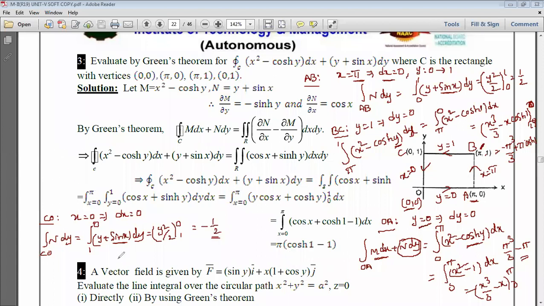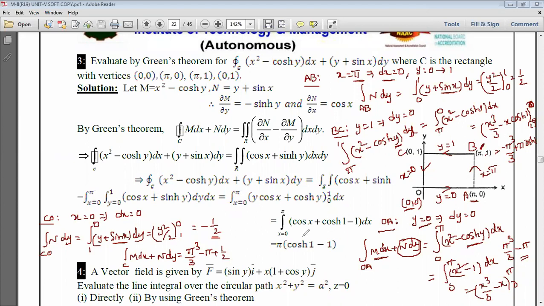Now we need to add all these things, right? Integral over the curve M dx plus N dy is equal to integral OA first. OA how much we got? Pi cube by 3 minus pi. This is OA. Next, AB, plus 1 by 2.